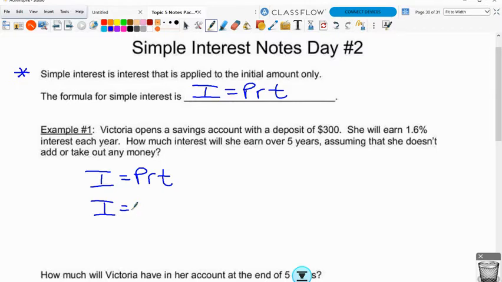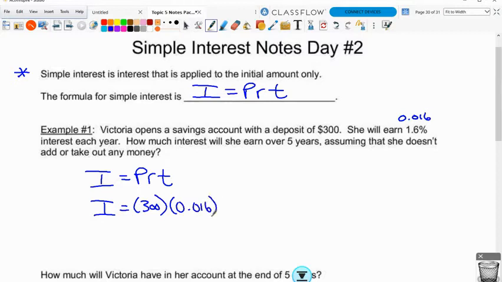P, the principal amount that she starts with, she deposited $300 into her account, so that's how much she started with. The interest rate right here is 1 6/10%. Convert that into a decimal, move the decimal back once, twice to the left, and you get 16 thousandths as a decimal.